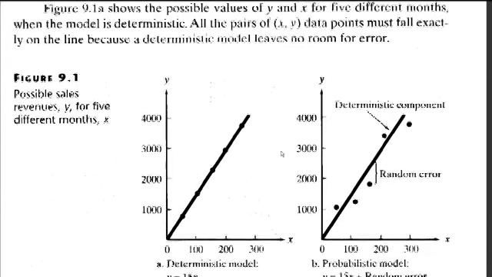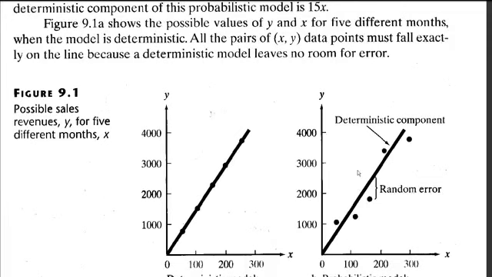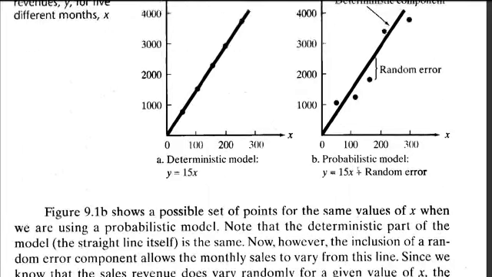So here we have a picture where if it was deterministic, it would look like this. But on the other hand, we consider it not deterministic, and so we accept the idea that there's some random error off of the deterministic component like that.